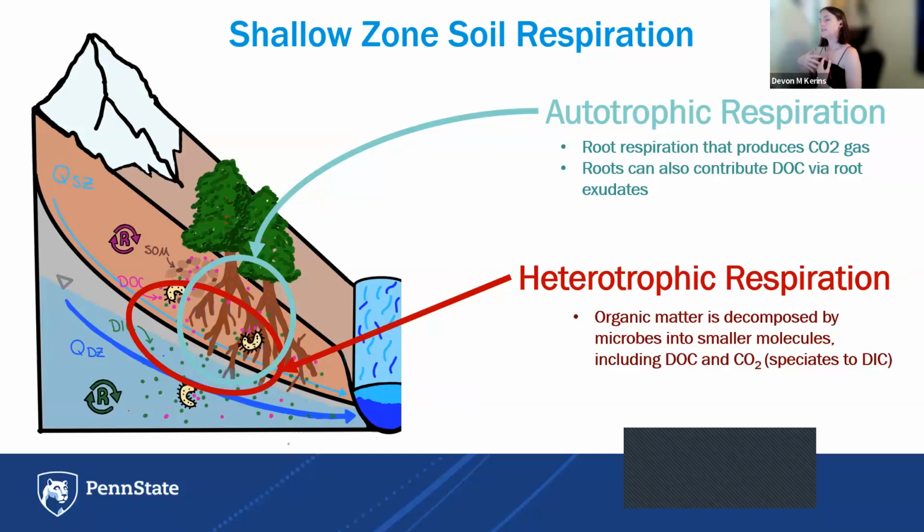And so in this decomposition process, these microbes can break down solid organic matter in the subsurface into smaller molecules, which may then be soluble, which can contribute to concentrations of dissolved organic carbon in the subsurface, or these microbes can fully mineralize these carbon sources to produce CO2, which can further speciate into carbonic acid, bicarbonate, carbonate, and contribute overall to subsurface dissolved inorganic carbon concentrations.